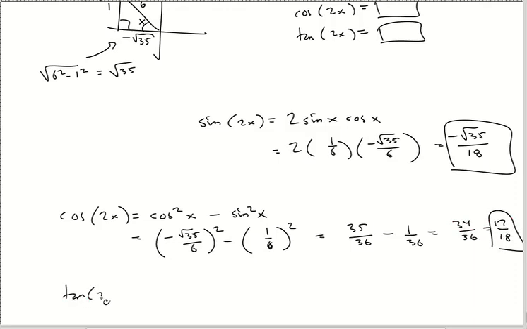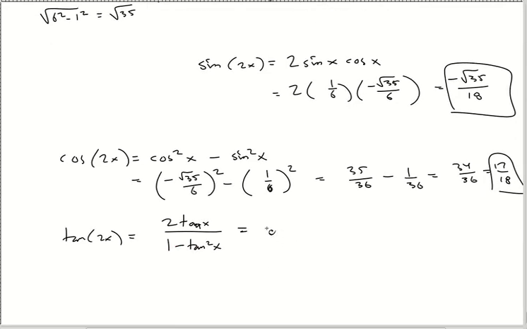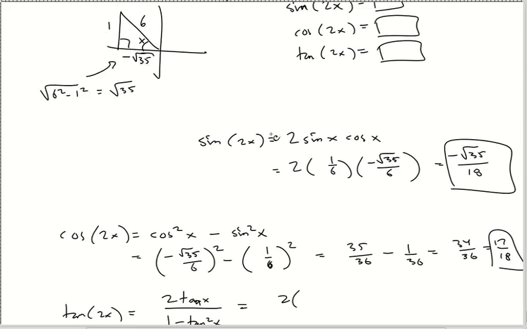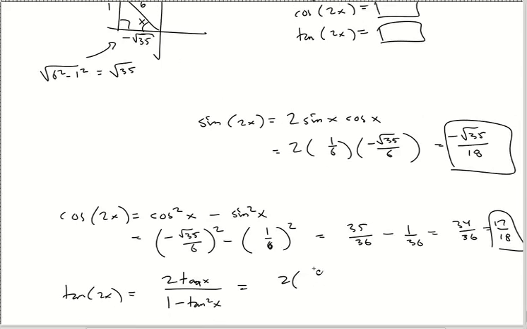Finally, the tangent of 2x. Its formula is, do I have it there? Yeah. 2 times tangent of x all over 1 minus tangent squared x. Okay. So what is the tangent for this? Remember that we're talking about opposite over adjacent. And so then I've got 1 over a negative square root 35.